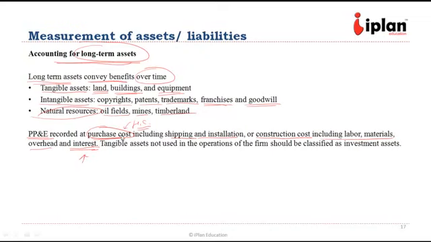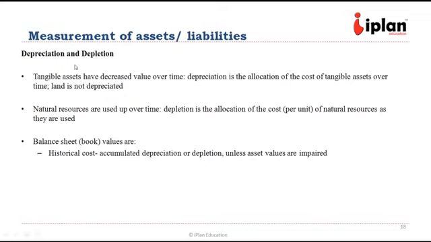So that period's interest becomes part of the purchase cost or historical cost. So that is going to be used in the balance sheet. Tangible assets which are not used in the operation of the firm should be classified as investment assets. Suppose there is some tangible asset or equipment which is not part of operations, so that should be classified as an investment asset. Now let us move to the next slide.